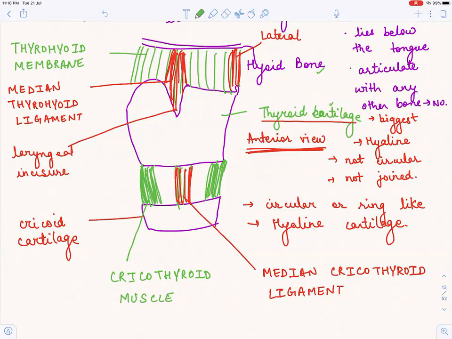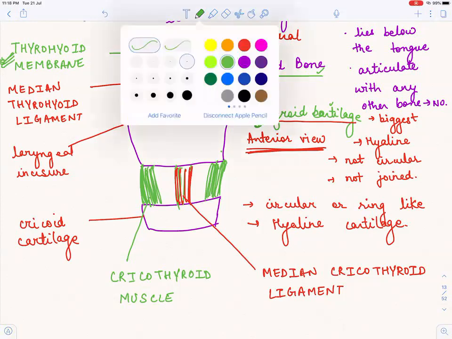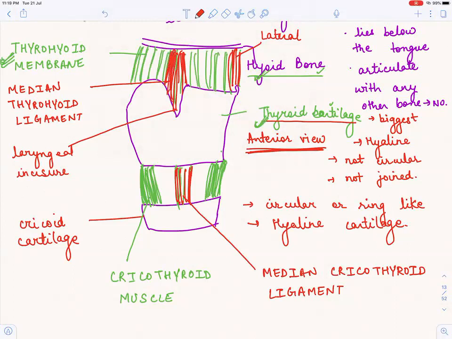In the anterior view, we see the hyoid bone and the thyroid cartilage, which is the biggest cartilage in the larynx. This thyroid cartilage is connected to the hyoid bone with the thyrohyoid membrane, and to provide sturdiness, there is a median thyrohyoid ligament and lateral thyrohyoid ligament.